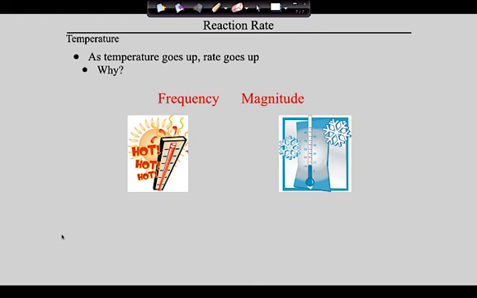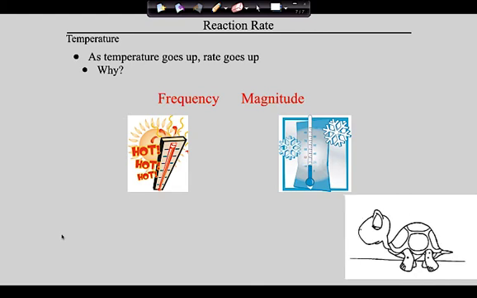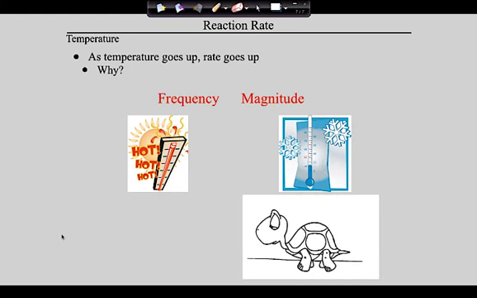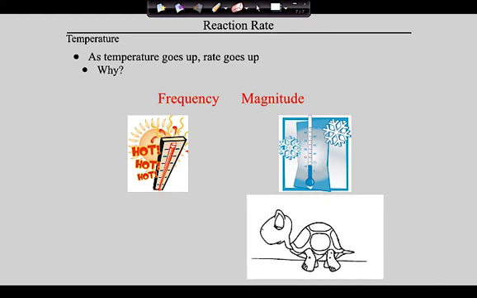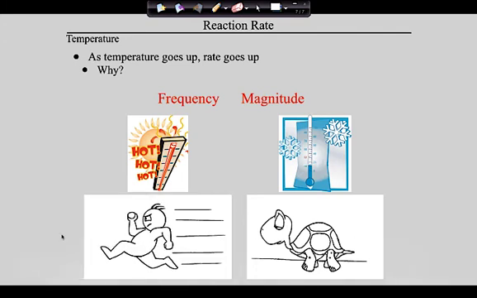What is the difference between something that's hot and something that's cold? Well, we know that inside a cold substance, the particles are moving very, very slowly. So they don't hit each other very hard, and they don't hit each other very often. Inside of a hot substance, the particles are moving faster.